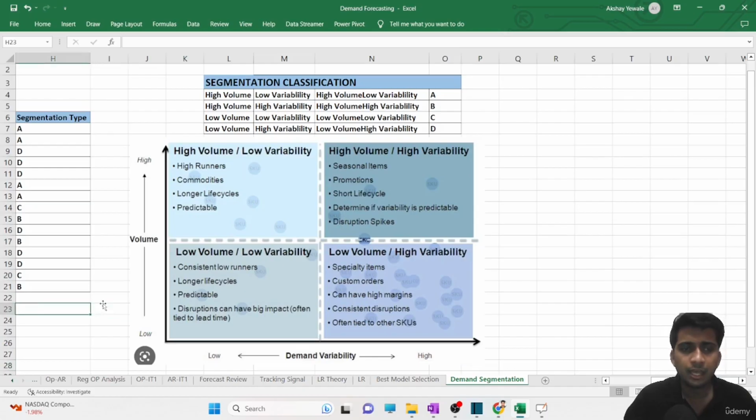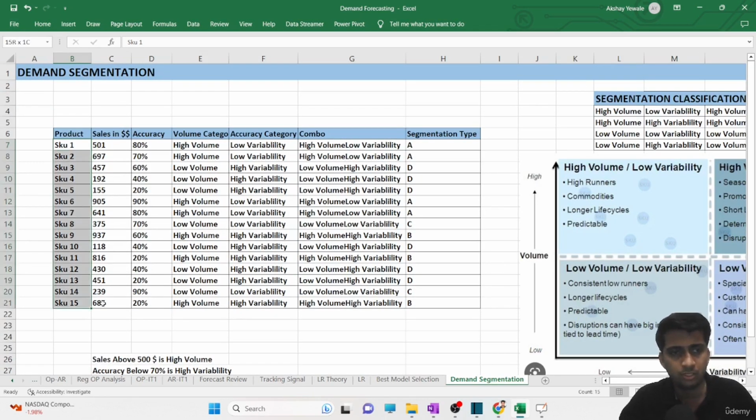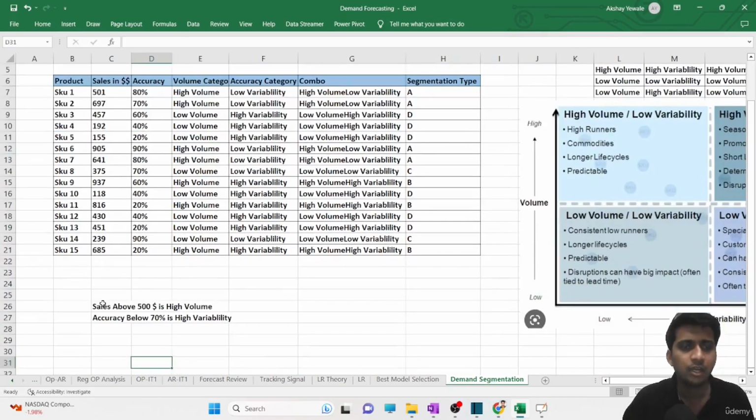On the left side I have taken sample data with a list of around 15 SKUs, and I have roughly taken some sales data for each of them and how accurate they are. This is the accuracy which we are getting on average for them. Then I have classified them as high volume and low volume. This classification would depend on the organization. Here, for reference, I have taken $500 as the point to differentiate between high volume and low volume.